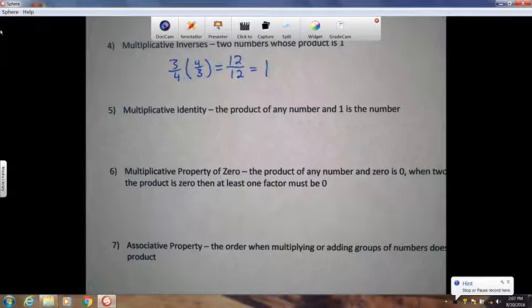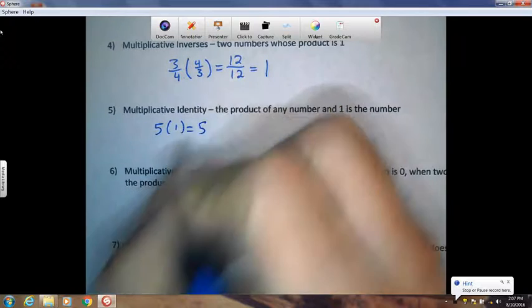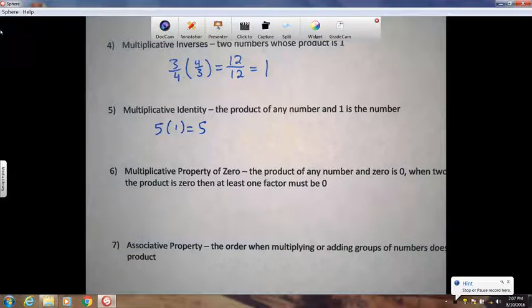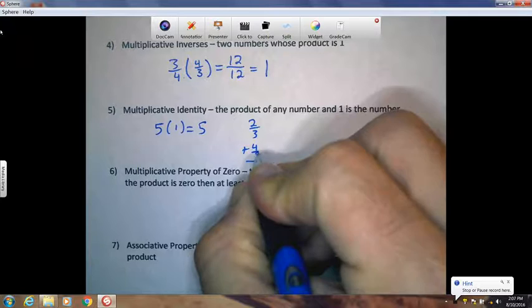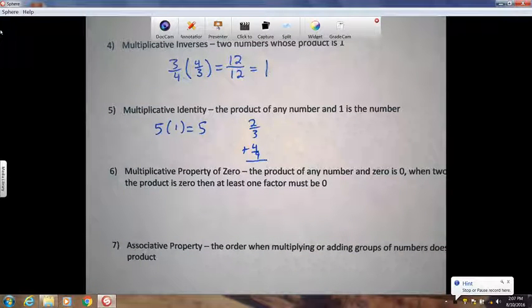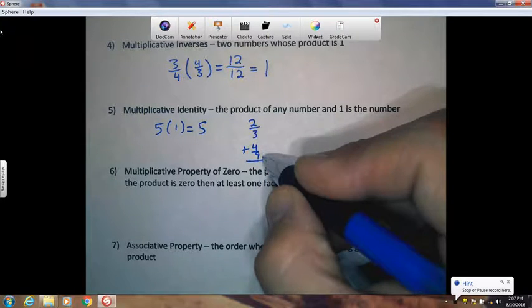Multiplicative identity. The product of any number and 1 is the number. Seems simple. 5 times 1 equals 5, but it's going to be much more complicated other times. Now you've already used this before to solve fractions. Say I want to add 2/3 and 4/9. I can't add these because these do not have common denominators.